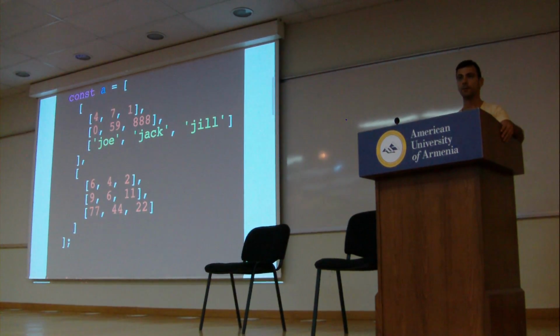Is anyone confused? Yes. Wait, so this is one already? So this is A? So A is just, good question. Okay, listen. A is just this array, starting here and ending here. The values within the array are this and this.